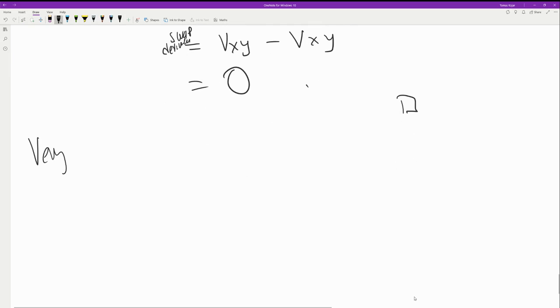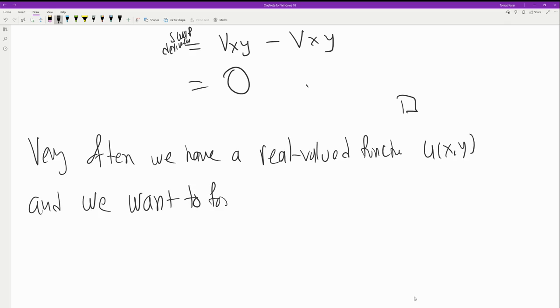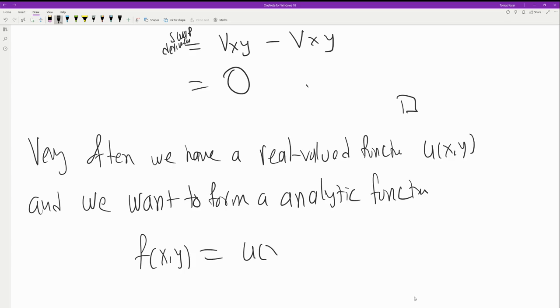Okay, so very often we have a real function, real valued function, and we want to form an analytic function whose real part is the given function.